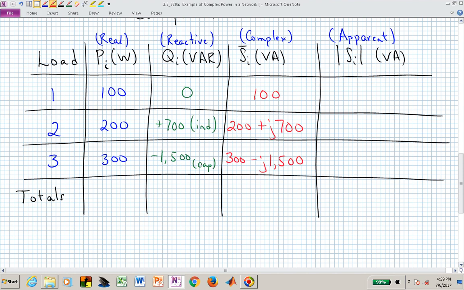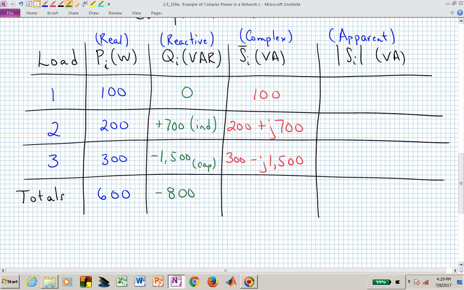As I said before, we can add these up component-wise. We can add up 100, 200, which is 300, plus another 300, for a total in aggregate of 600 watts of real power. For reactive power, we need to keep track algebraically, and we end up with minus 800 for the reactive power in total.